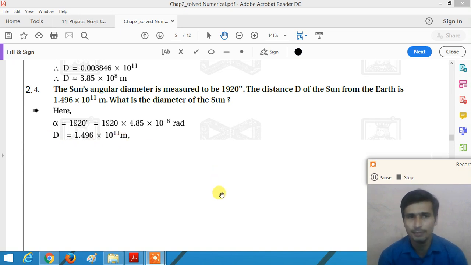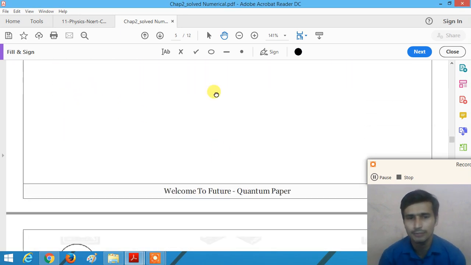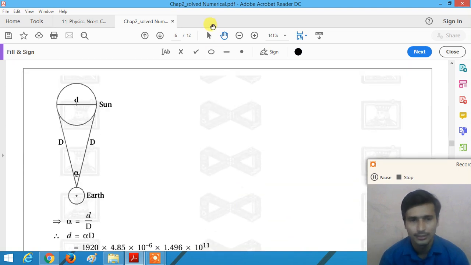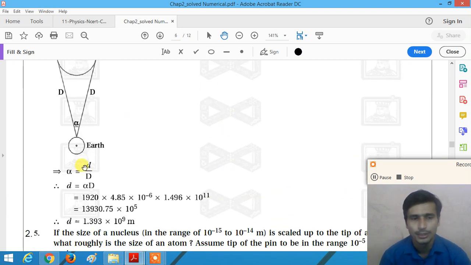With the help of the same formula as in the previous example, theta is equal to d divided by capital D, right? So the diameter of the sun d is equal to theta into capital D. Here we can also take alpha, so alpha is equal to d divided by capital D, and the diameter of the sun d is equal to alpha into capital D.